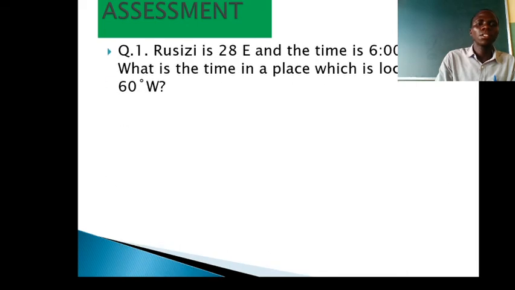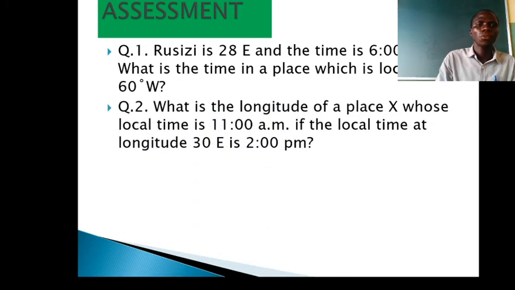Take your pen and answer today's questions. Question 1. Rusizi is located at 28 degrees east and the time is 6 a.m. What is the time in a place which is located at 60 degrees west? Question 2.